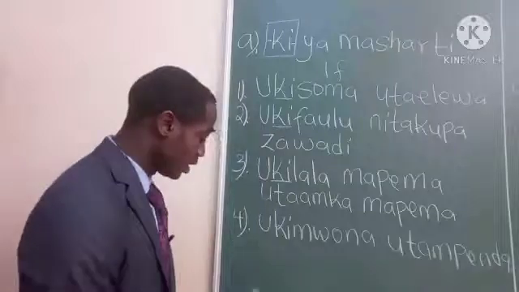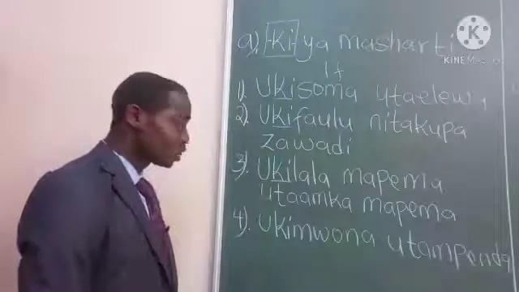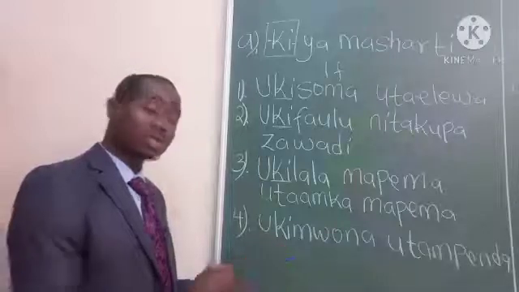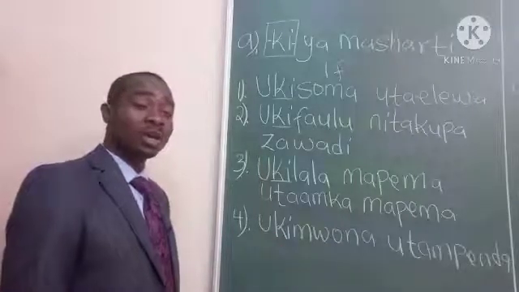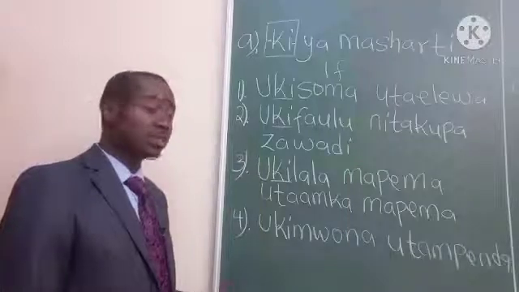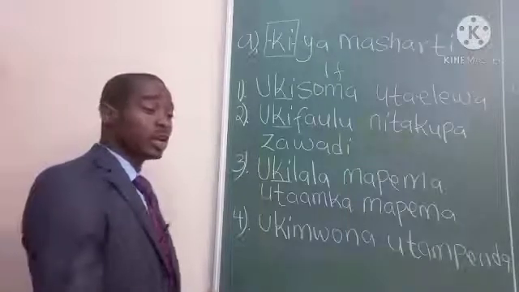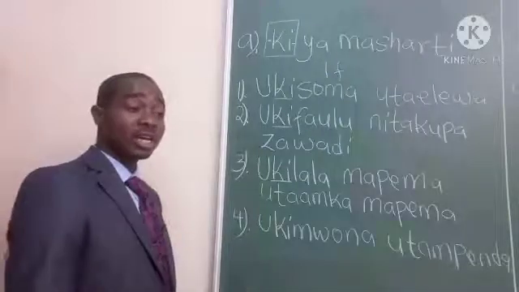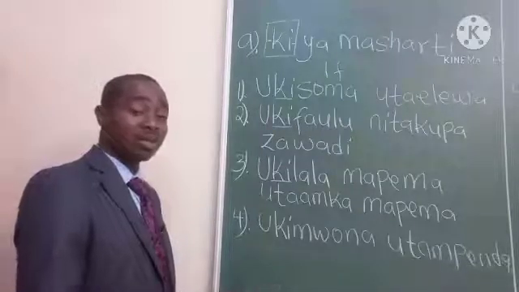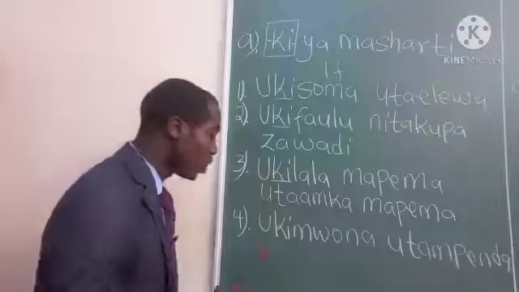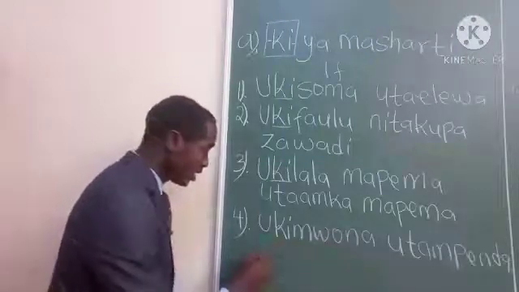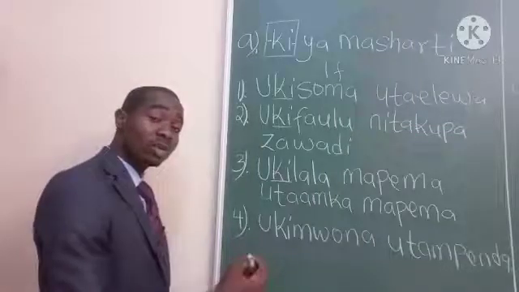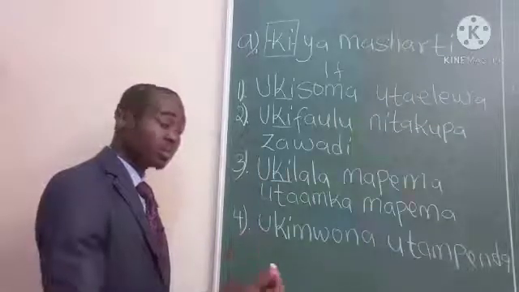When you use endapo, you don't use this ki because it is a substitute. So ukimwona utampenda, if you see him, you like him. You can also say endapo. So we are using this word endapo or iwapo.